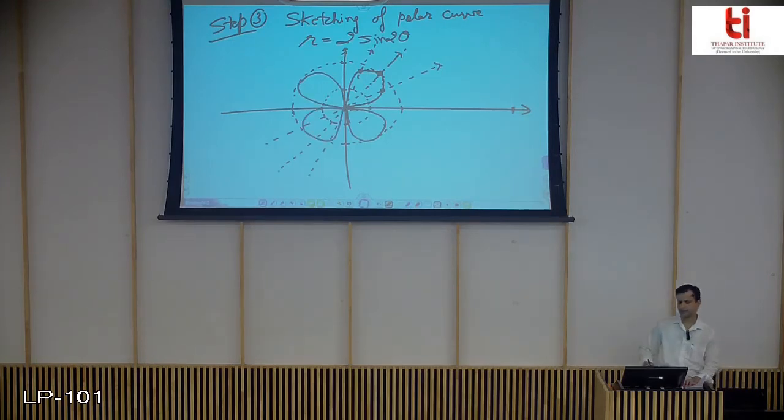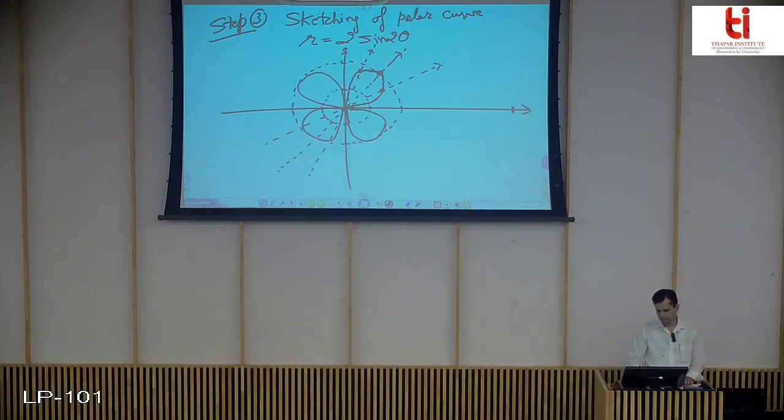This completes your graph of r equals 2 sin 2 theta. Just with the help of symmetry and the table, we need only 4 points, and the rest is done with symmetry. So this is the use of symmetry in graphing polar curves.